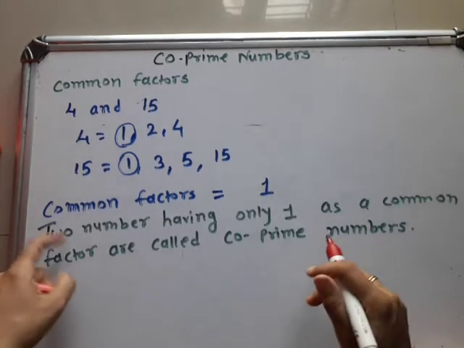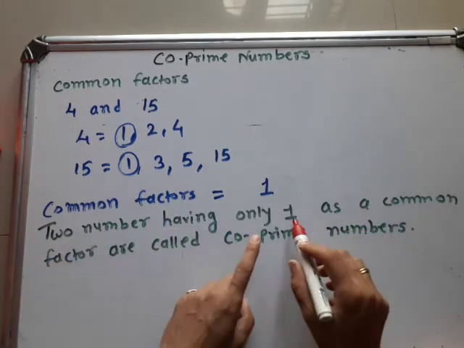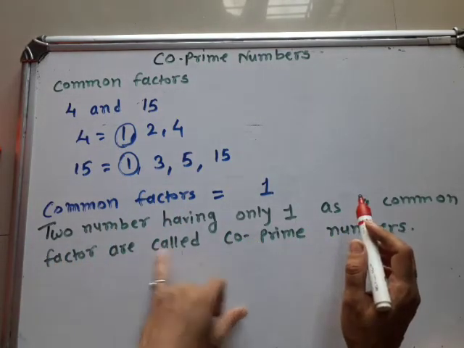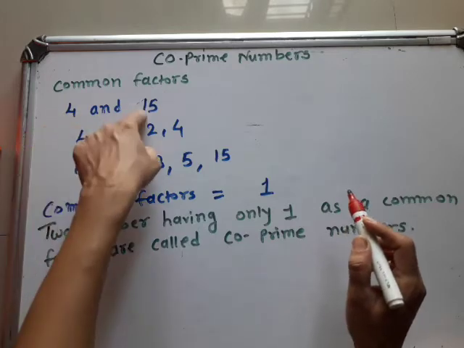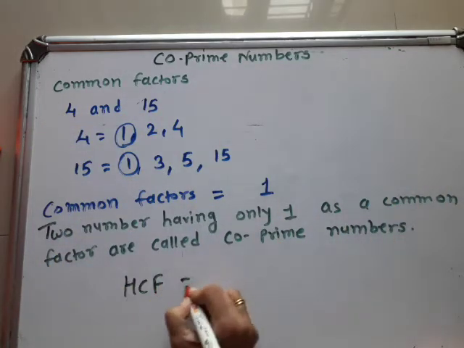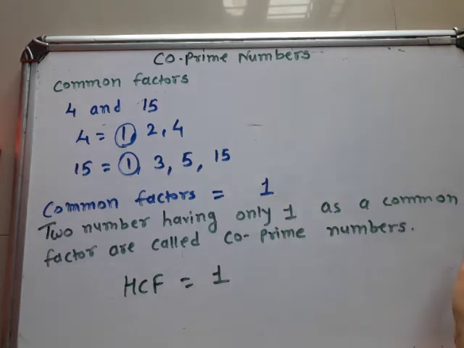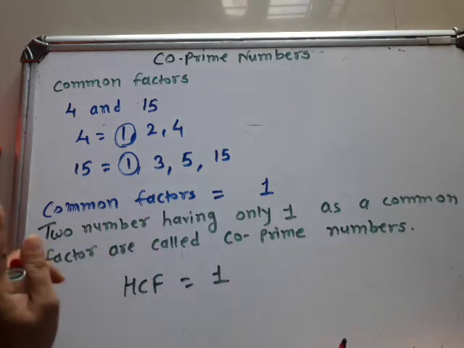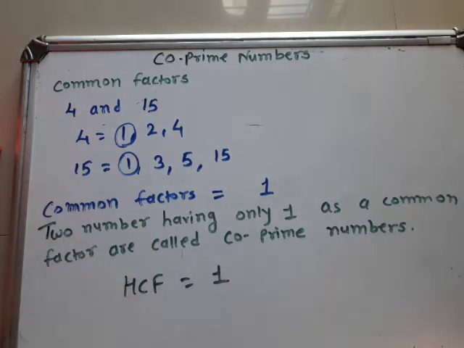This 4 and 15 are co-prime numbers, and the HCF of these numbers is again only 1, because 1 is the only common factor. This is what is meant by co-prime numbers.